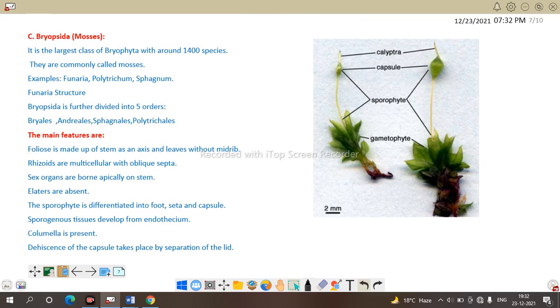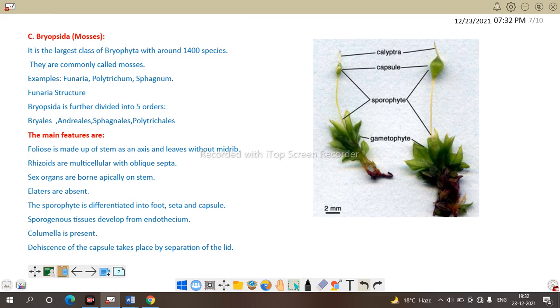Next is Bryopsida, which contains the mosses. It is the largest class of bryophytes with around 1400 species, commonly called moss. For example, Funaria. The main feature is that the foliage is made up of a stem and an axis of leaves without midrib.